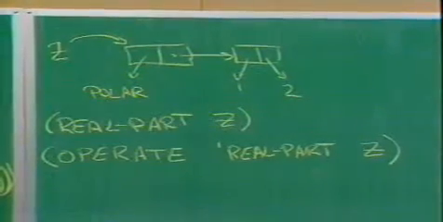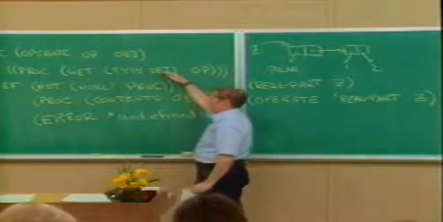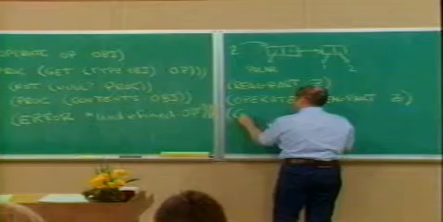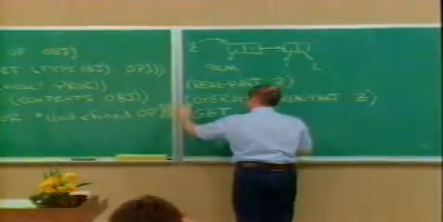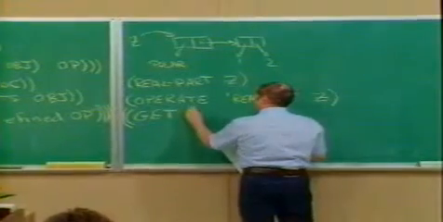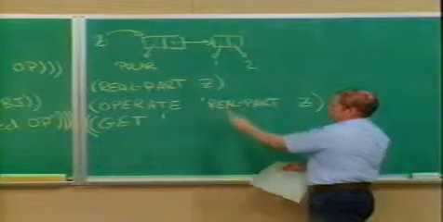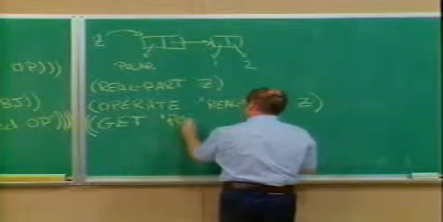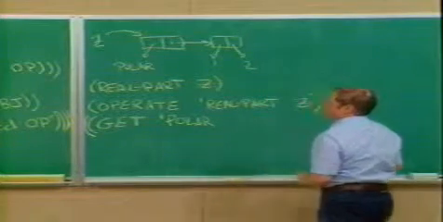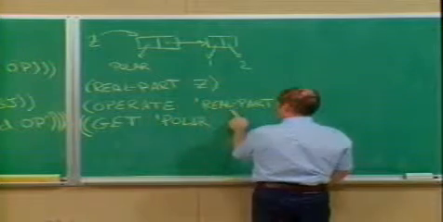And now operate comes, it's going to look in the table, and it's going to try and find something stored under the operation it's going to apply, by looking in the table under the type of the object, and the type of Z is polar. So it's going to look and say, can I get using polar and the operation name, which was real part.